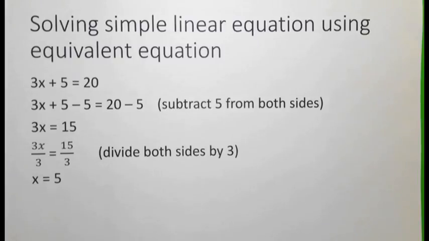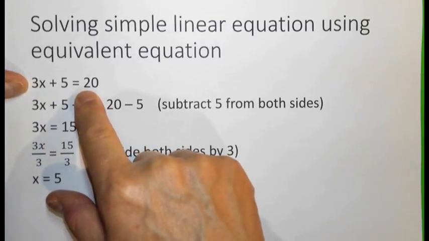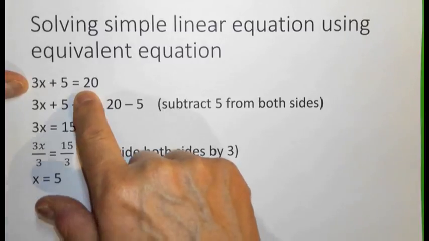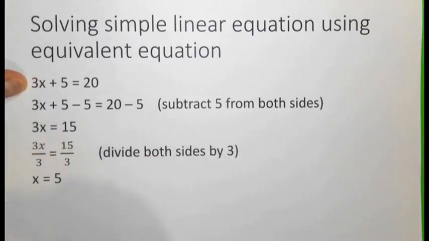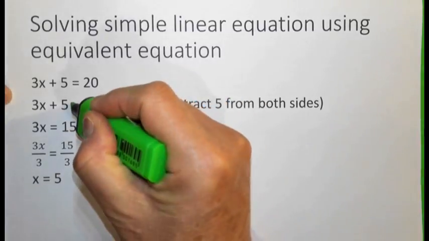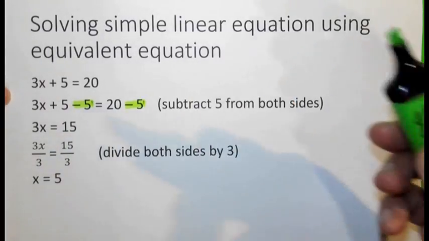Alright, time to solve some simple linear equations using equivalent equations. First, let's look at 3x plus 5 equals 20. We can solve this by changing it to an equivalent equation. First, we subtract 5 from both sides of the equation.